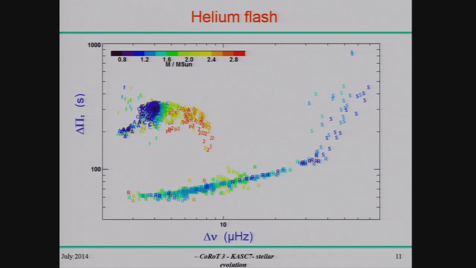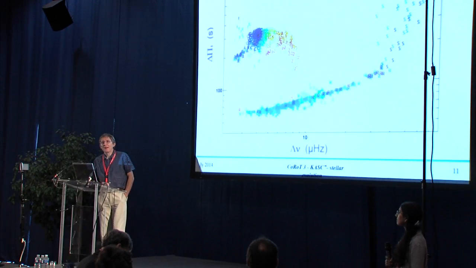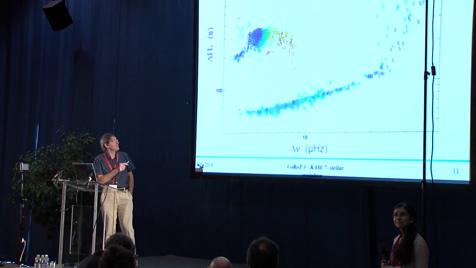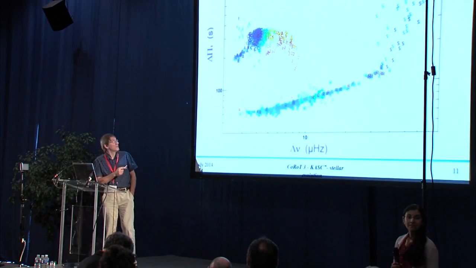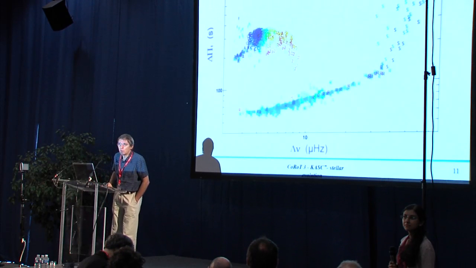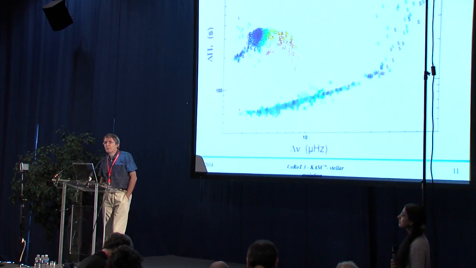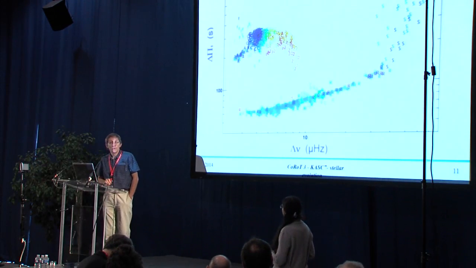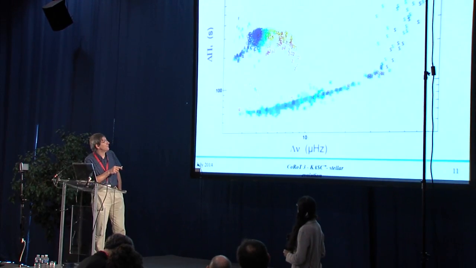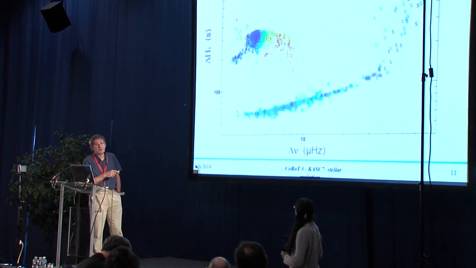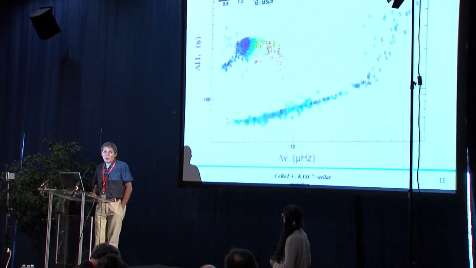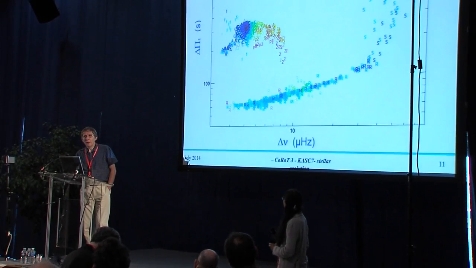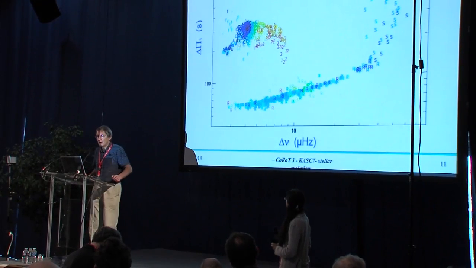Since I have made the choice, it's hard to have statistics. But according to the number of stars I have here, it agrees pretty well with the Bilston et al. prediction, and it's compatible with the timing of evolution. Of course, I am quite certain that we miss stars in this region because, I don't know why, stars undergoing the helium flash have lower amplitudes than other stars.